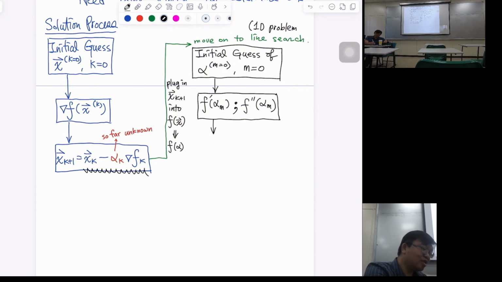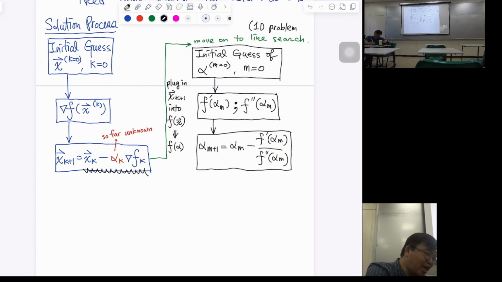Once you're done, apply one-dimensional Newton's method. Alpha m plus 1, this is the variable, equals the current alpha minus f prime of alpha m over f double prime of alpha m. Do this, and then you will have a convergence check. I will just use CC for short, convergence check, right? If it's not yet converged, move on to here.